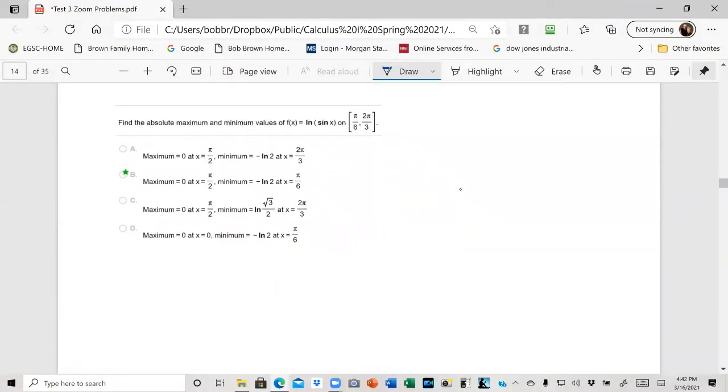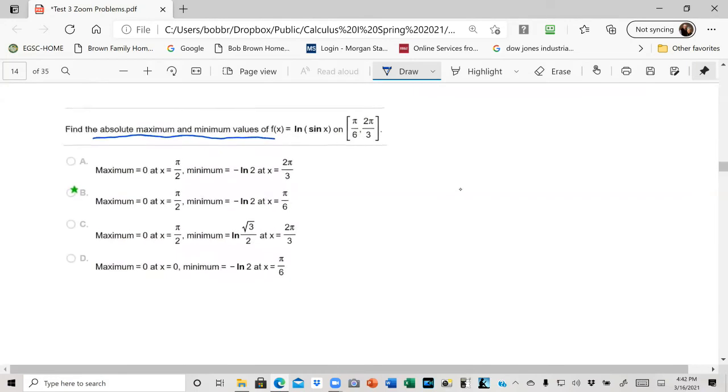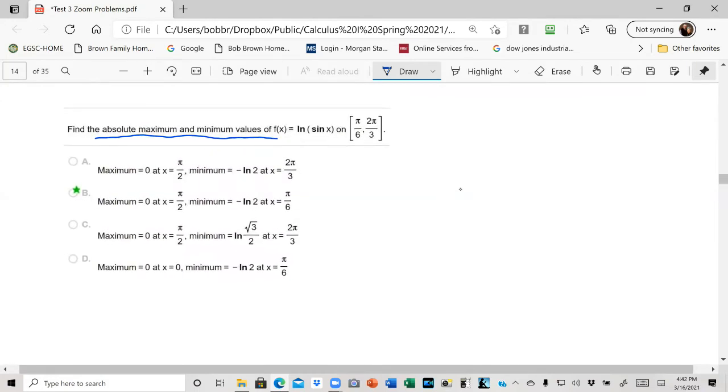Here we have a combined logarithm and trig function, and we want to find the absolute maximum and minimum on the interval pi over 6 to 2 pi over 3. So remember, we're going to have to look at endpoints and we're going to have to look at the critical points.